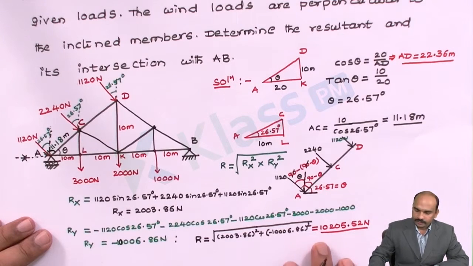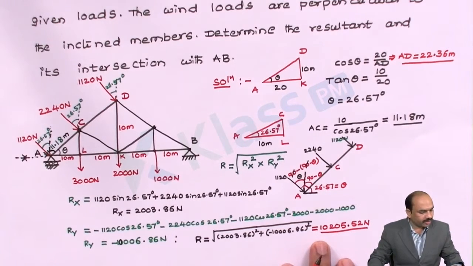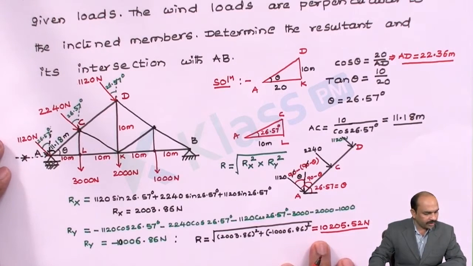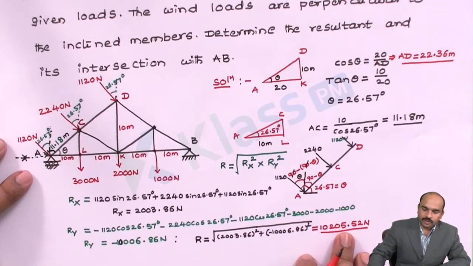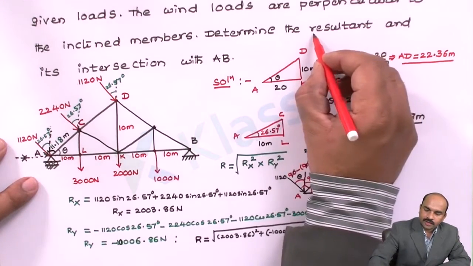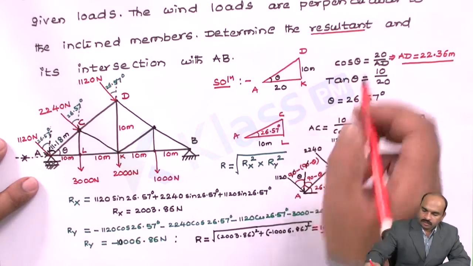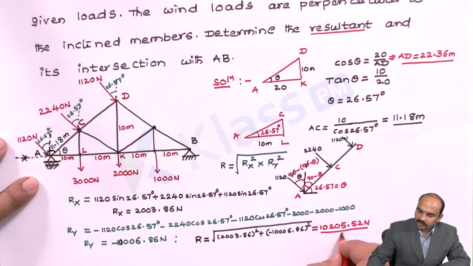So the resultant R is equal to 10,205.52 newtons. This is the answer for the first part, where you have to calculate the resultant.